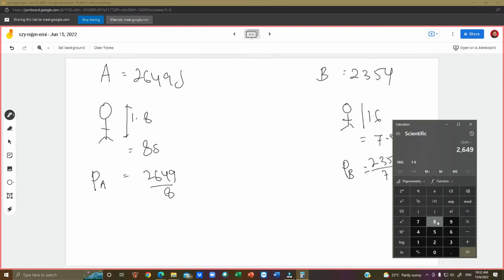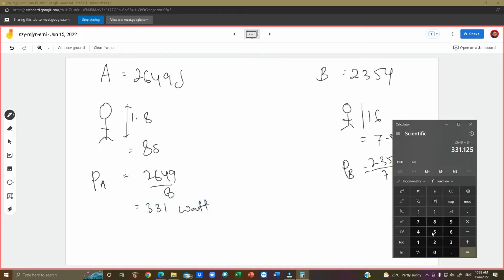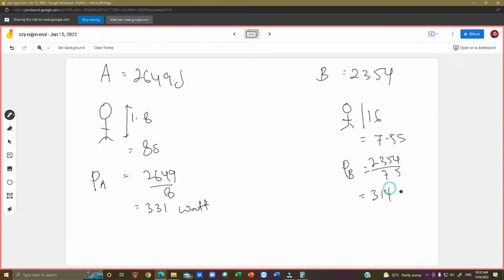Okay, 2649 divided by 8, we have 331 watt. And the second one, 2354 divided by 7.5, we have 314 watt.